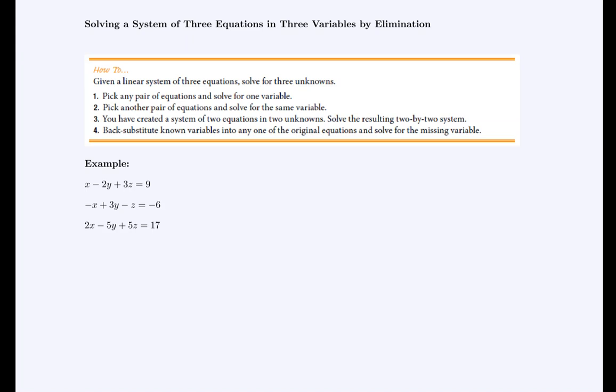The first goal is to pick two of the equations to work with and get them down into two variables only. So the goal is to eliminate one of the variables and then do that again. So our goal is to eventually, through manipulation, get two equations in the same two variables.